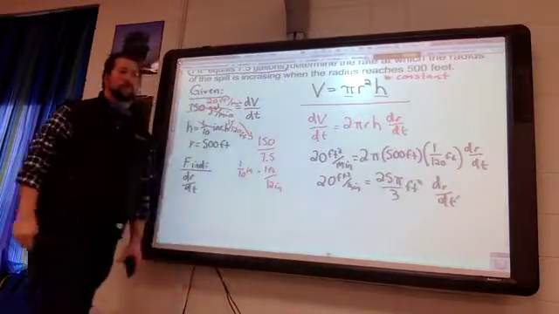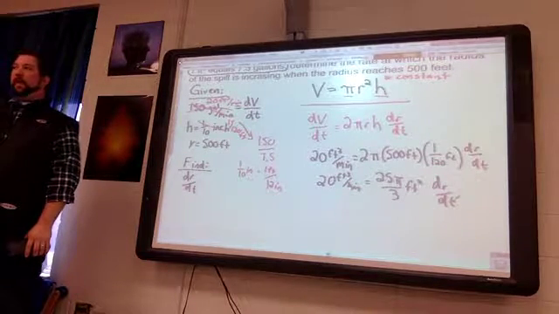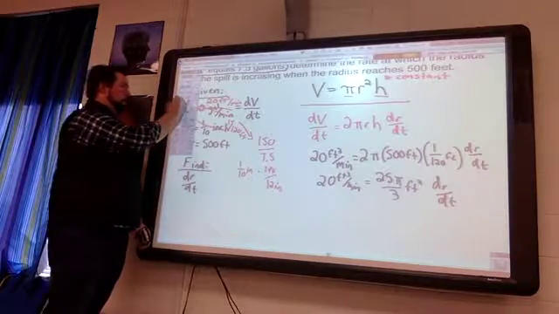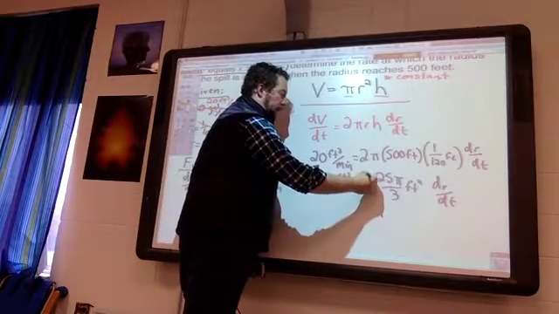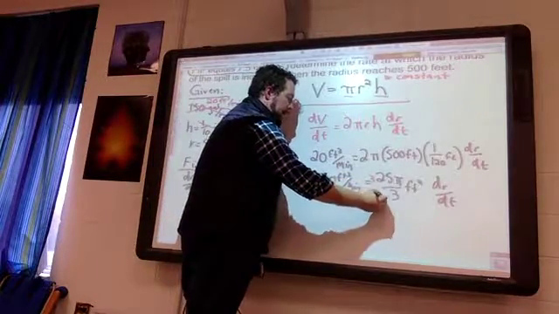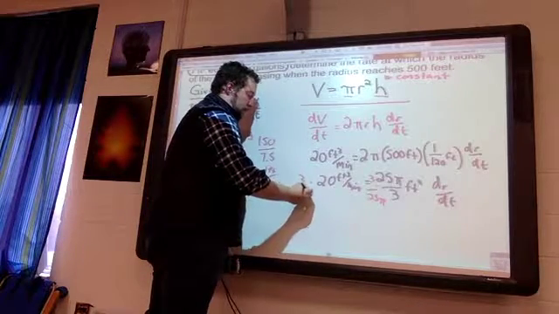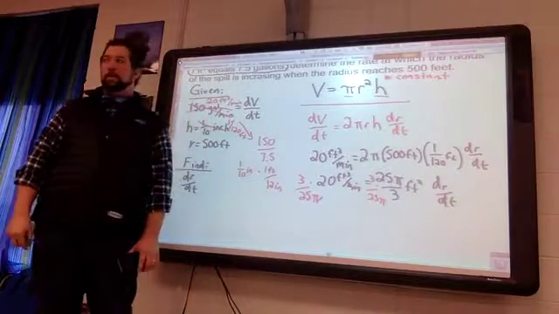All right, and so how do we find the dr/dt? We can either divide it over or multiply by the reciprocal. Since it's a fraction, I would probably do that. So multiply by 3 over 25 pi. We could do a little bit of reduction here.